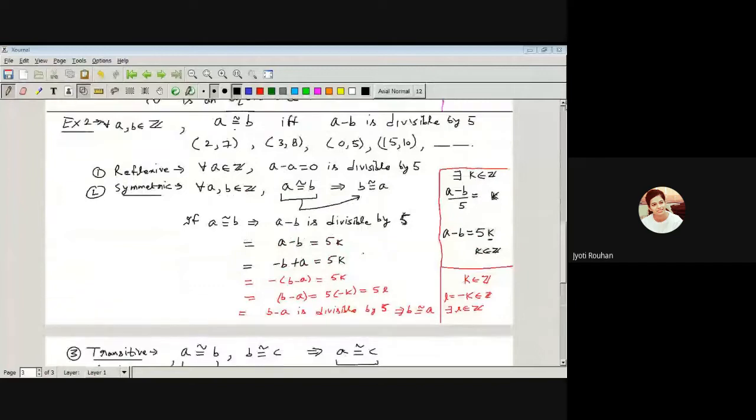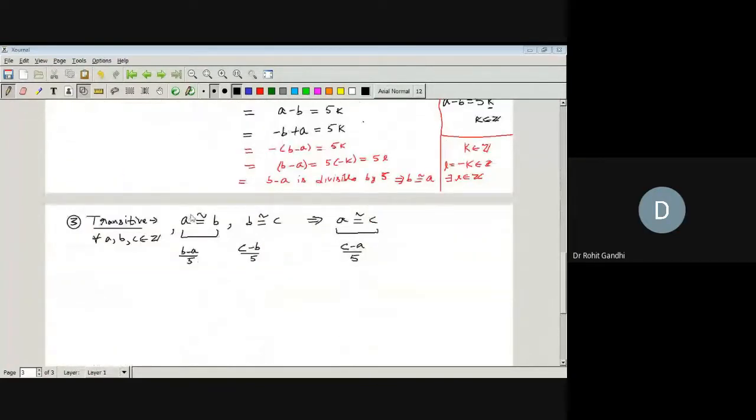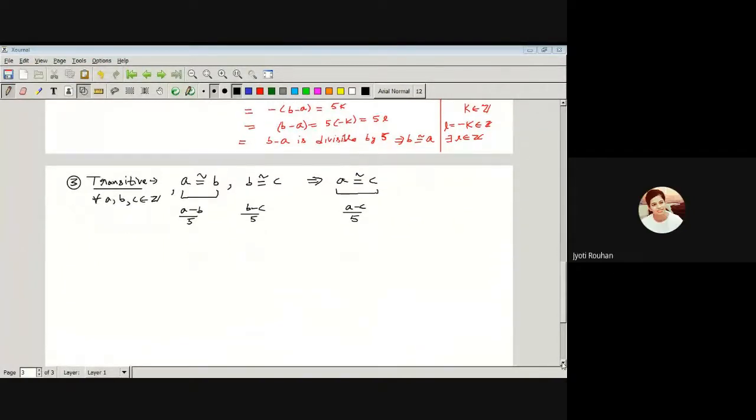So here I have to write A minus B, here I will write B minus C, and here we have to prove A minus C. Yes, sir, now it's fine.